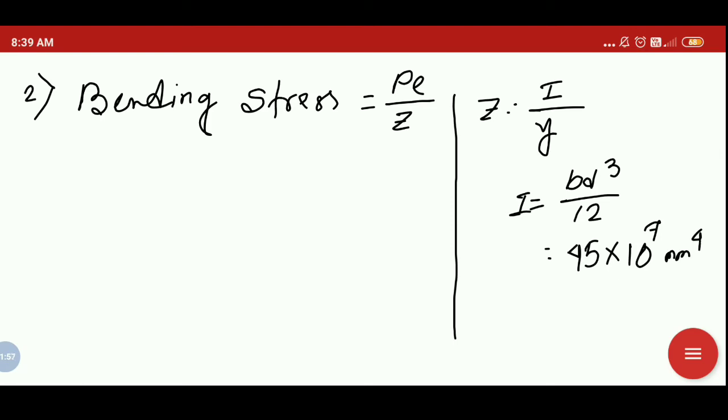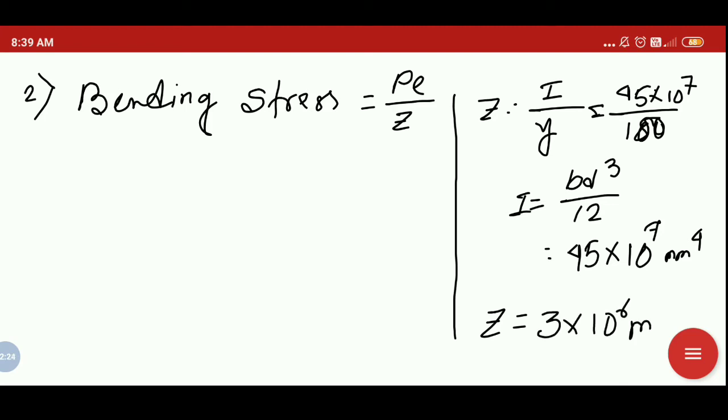So Z will be 45 into 10 to the power 7 divided by y equal to 100, means Z equal to 4.5 into 10 to the power 6 mm cube.